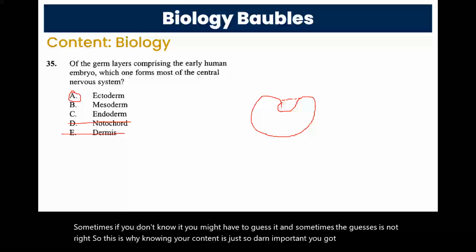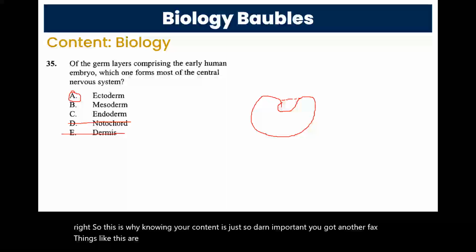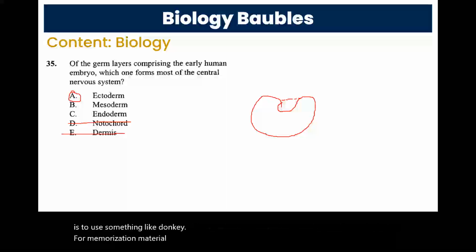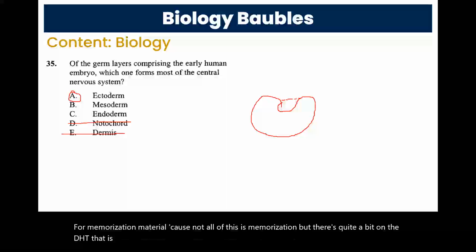Things like this are good to have flashcards for. A good study technique is to use something like Anki for memorization material, because not all of this is memorization, but there's quite a bit on the DAT and the OAT that is. Like this especially: what does the ectoderm form?